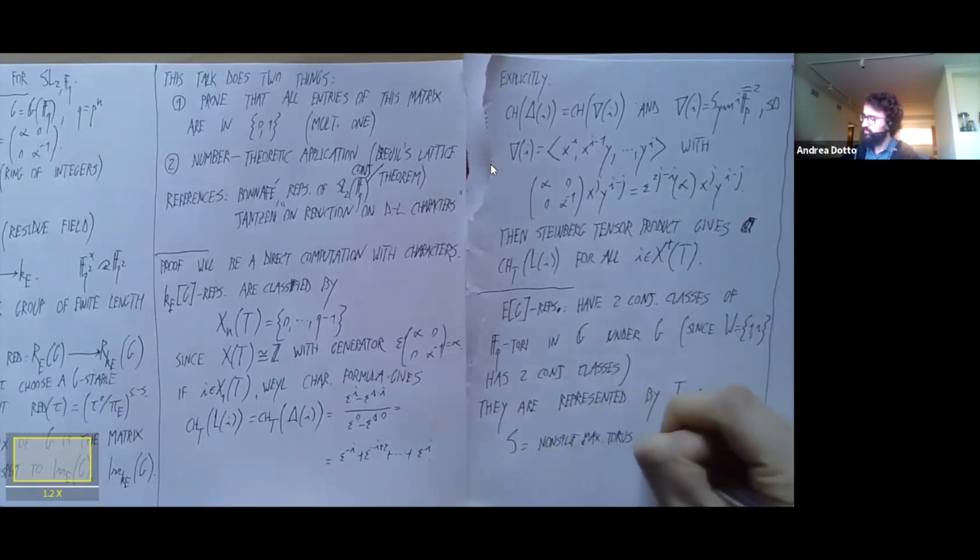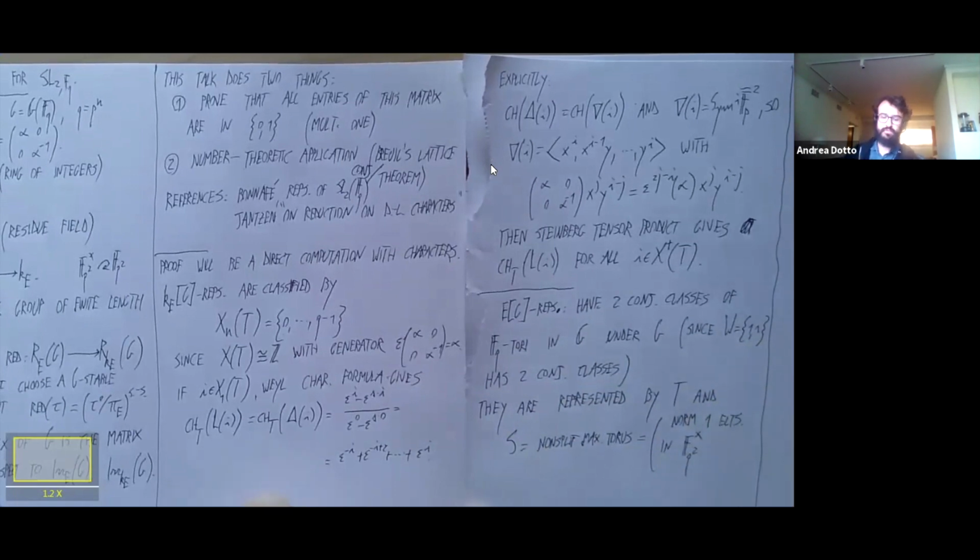And there's a few ways of writing down what this is. And maybe the most conceptual one is just to say that it is the norm 1 elements in the action of the multiplicative group of F_{q^2} acting on a 2-dimensional F_q vector space identified with F_{q^2}.